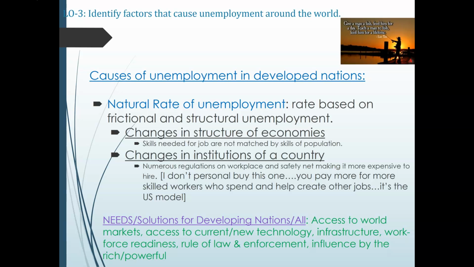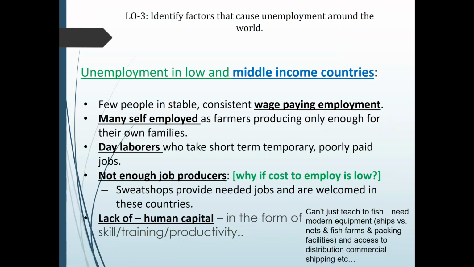The rule of law and that law being enforced, so we understand the rules that we'll be asked to commit to and operate by, and everyone will be expected to operate by similar laws. And the influence of the rich and powerful around us is going to weigh into all that is going on in building health as we try to develop an economy.